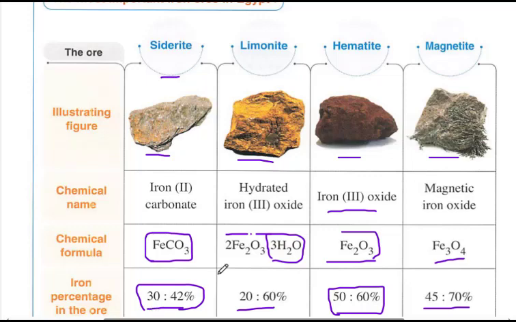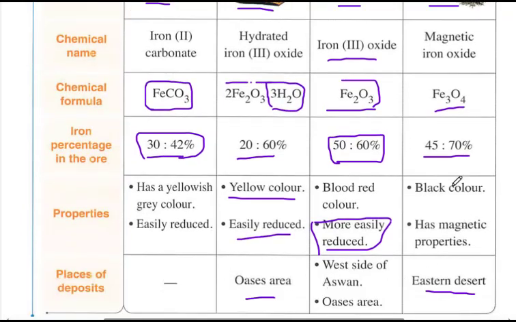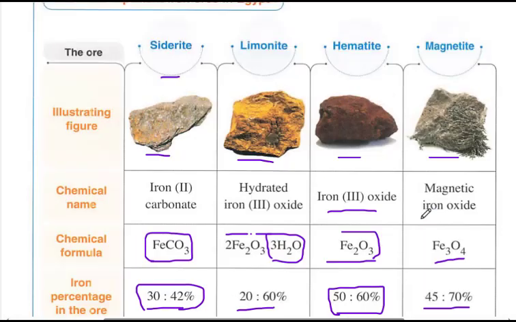Another thing from the notes about these ores is the strong magnetic property of magnetite, black iron oxide or magnetic iron oxide. Magnetic iron oxide as an ore has a magnetic property.